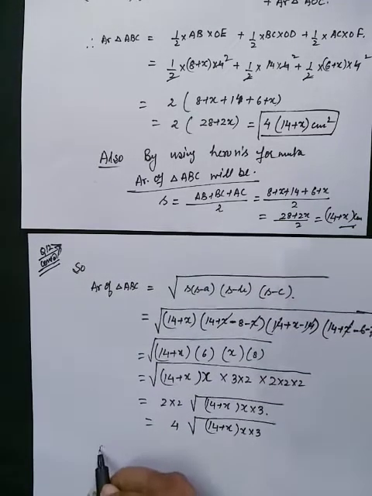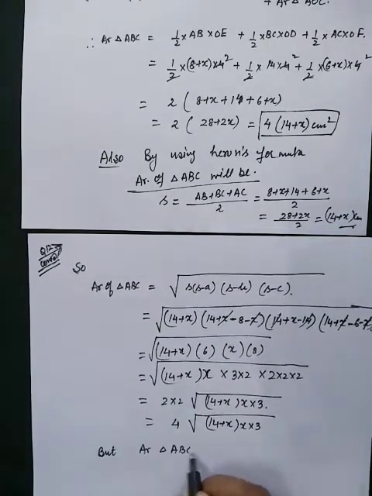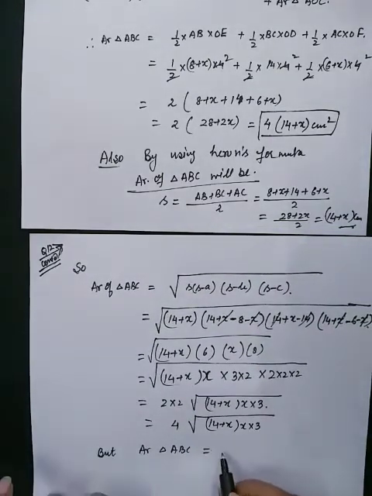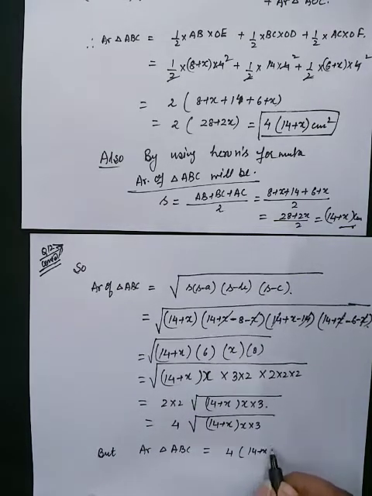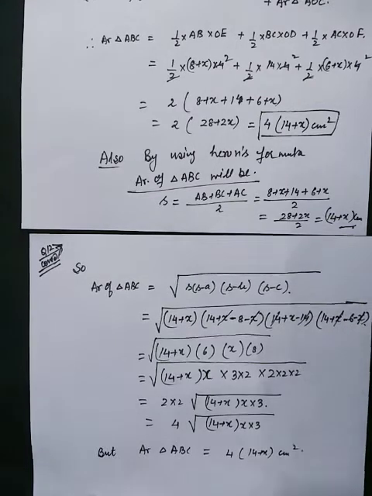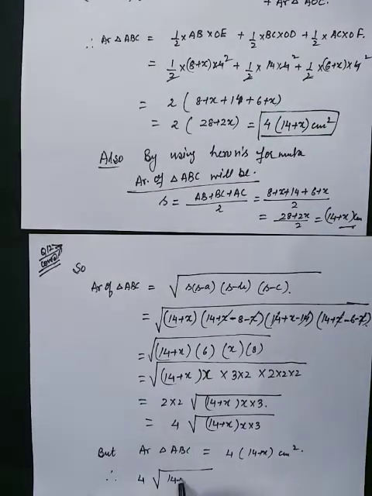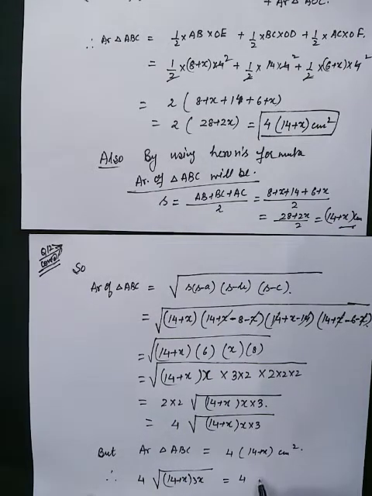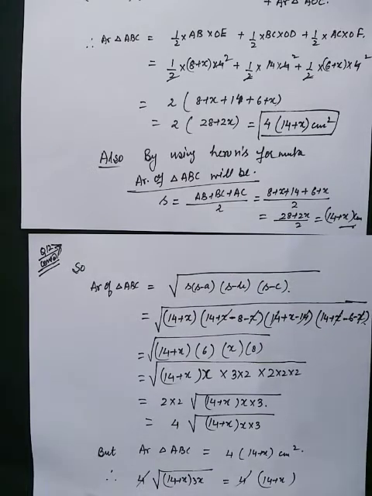But area of triangle ABC is also equal to 4 into 14 plus x centimeter square. So by putting both of the areas equal to one another, we can cancel it.